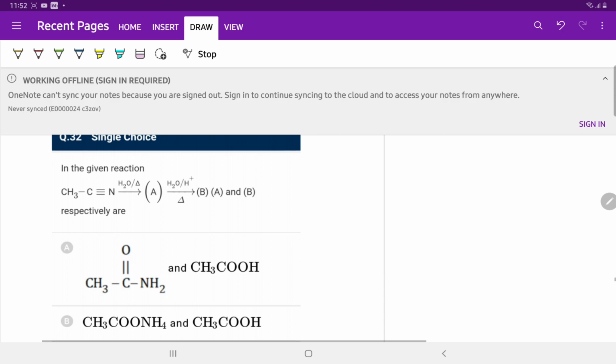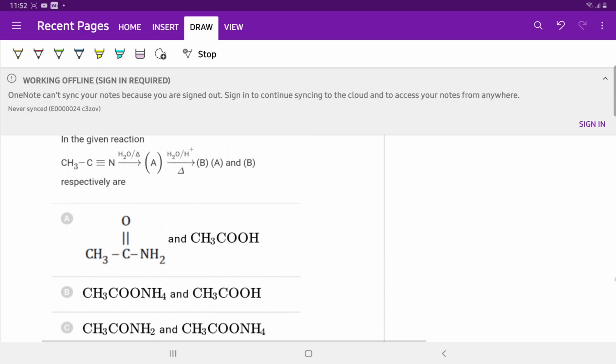Question number 32. Cyanide on hydrolysis gives amide and amide on hydrolysis gives carboxylic acid.